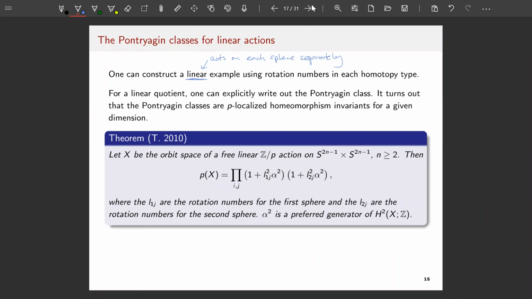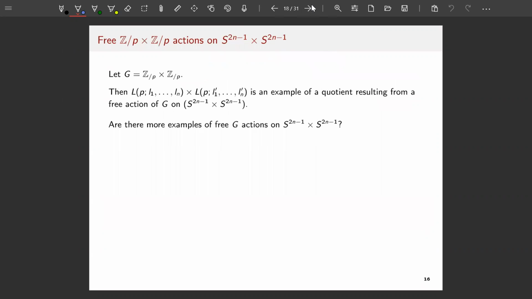And for a linear quotient, you can actually write out the Pontrjagin class explicitly. And it turns out that these classes end up being p-localized homeomorphism invariants for a given dimension. So you can use these to distinguish linear actions. Okay. So that's the sort of Z mod P story.